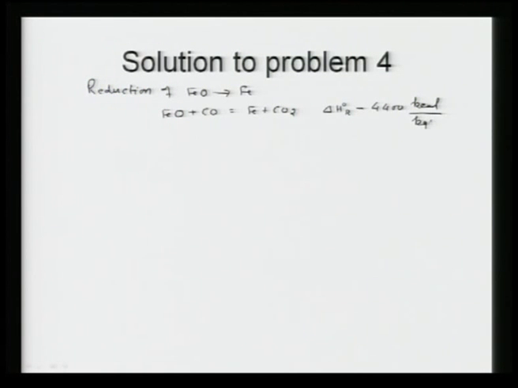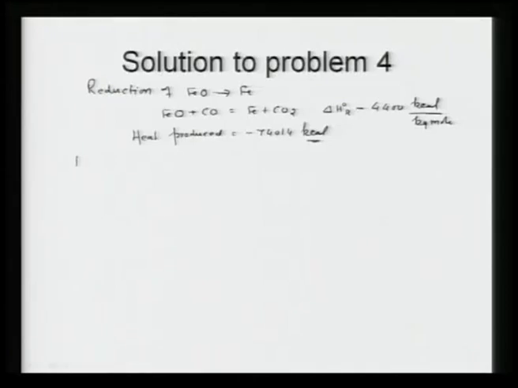Mind you, it is an exothermic reaction, it will generate heat. So, I am straight away calculating heat produced. It is a simple calculation, I think you can do it. That will be equal to minus 74014 kilocalorie. That is how these calculations are being done. Now, another very important thing is, you know, in the blast furnace iron making, the Woodward reaction.